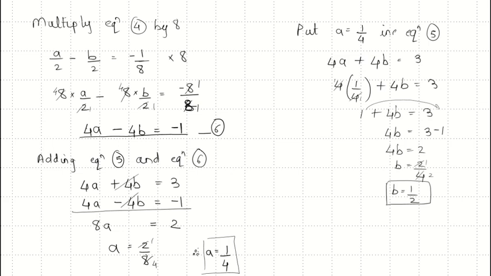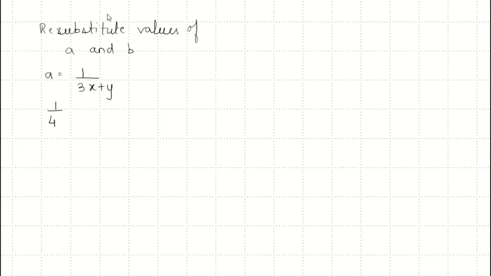Now we have to resubstitute the values of a and b. What is a? a is equal to 1 upon 3x plus y, that we considered earlier. Now we got the value of a as 1 upon 4, which is equal to 1 upon 3x plus y. What we will do?